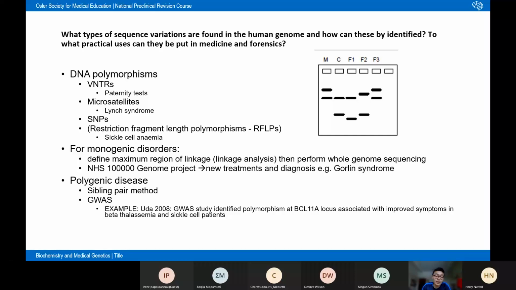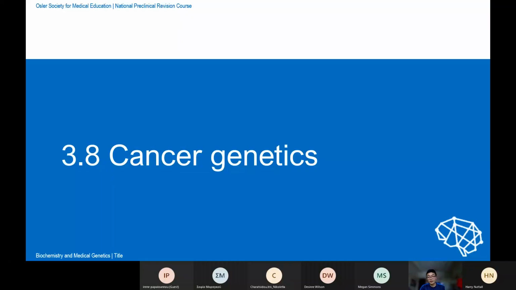This is functionally relevant because fetal hemoglobin levels are associated with better prognosis in these patients. So GWAS studies can help indicate which variants may be associated with a given phenotype, but often you need subsequent functional analysis to validate this.